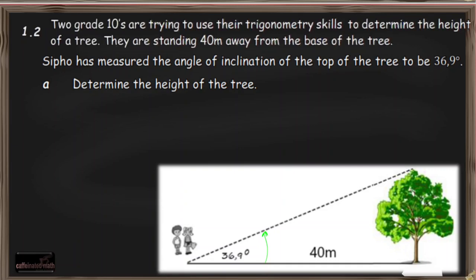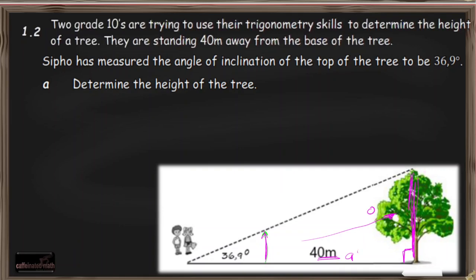So first things first, let's just see if we can determine the height of the tree. Well, the height of the tree, if I can throw it in, maybe some purple, will form this side of a right angle triangle for us. So from the point of view of the 36.9 degree angle, the height of the tree represents the opposite side, and this 40-meter distance away from the base of the tree represents the adjacent.